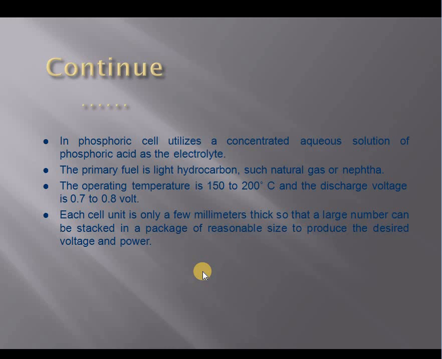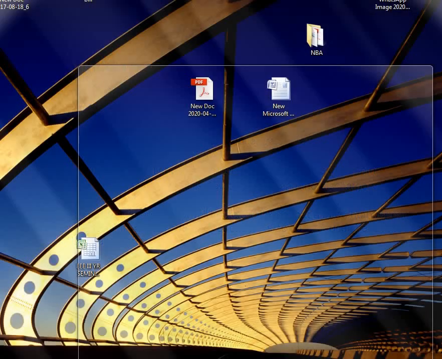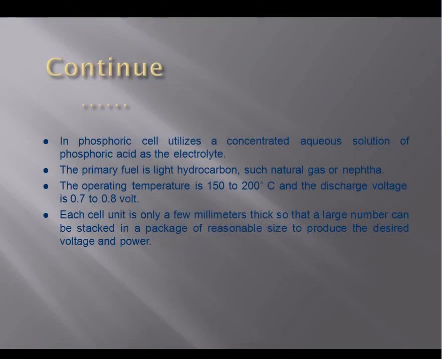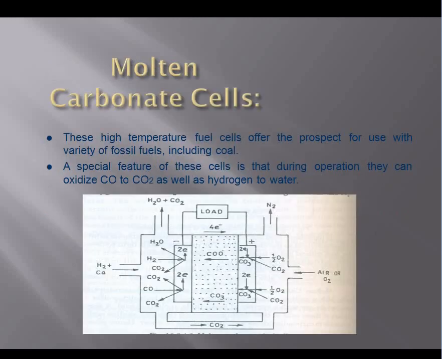Each cell unit is only a few millimeters thick, so a large number of cells are needed. So here the operating temperature is 150 to 200 degrees Celsius, and the discharge voltage is 0.7 to 0.8 volts.